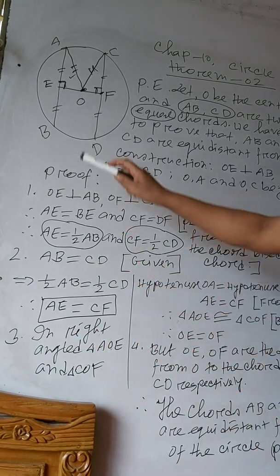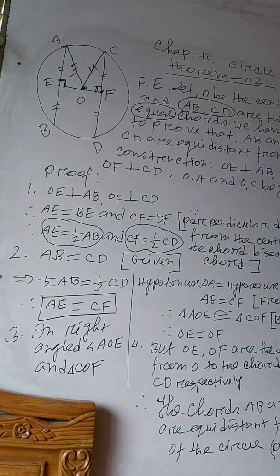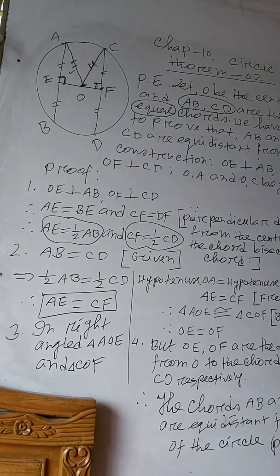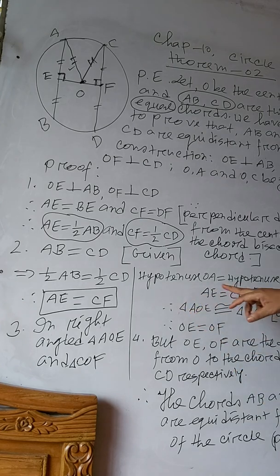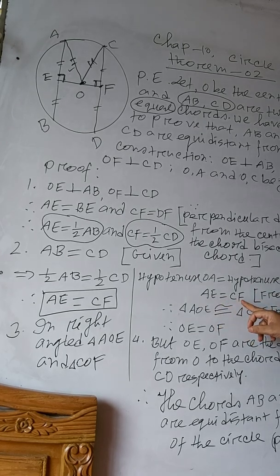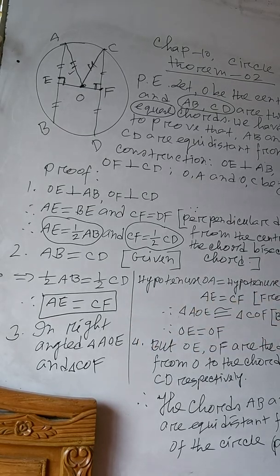Also, from the above figure it is seen that AOE and COF are right angle triangles. Therefore, hypotenuse OA equals hypotenuse OC, radii of the same circle. Also, AE equals CF, from 2.